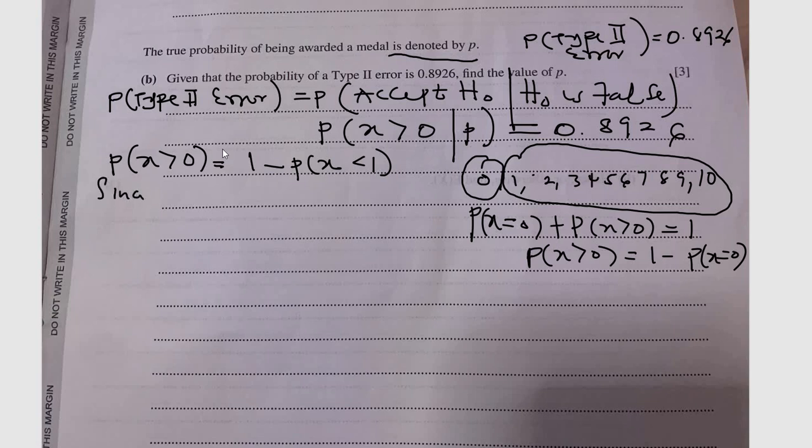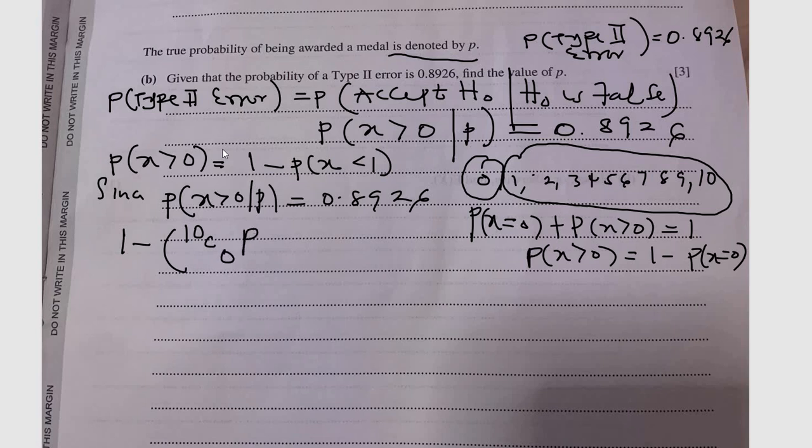So we can now solve this. For type 2 error, the probability of when X is greater than 0, given P, is 0.8926. In this case, using the formula, that's 1 minus n, N is 10, X is 0, combination 0.